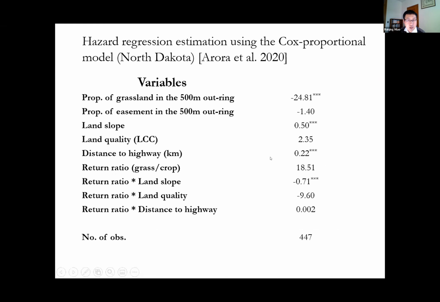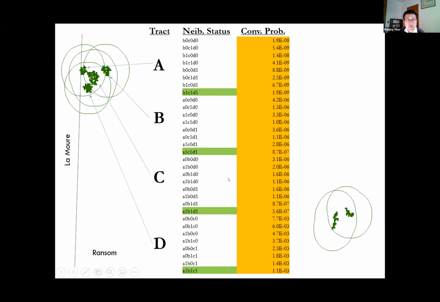This is their regression result, their findings. We use the findings to predict the conversion probability of the 6 grassland tracts. This is the prediction result.